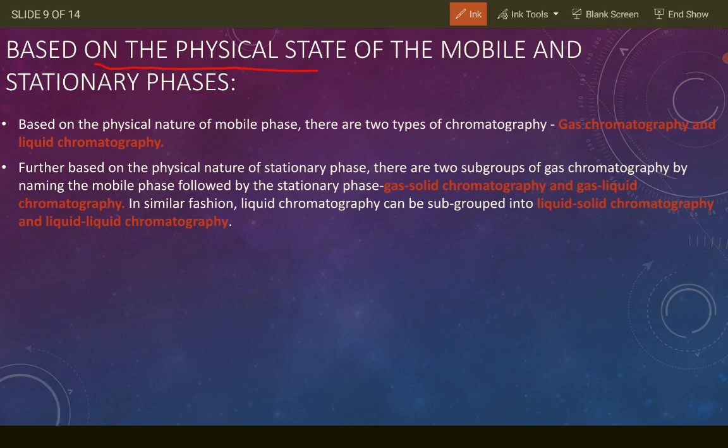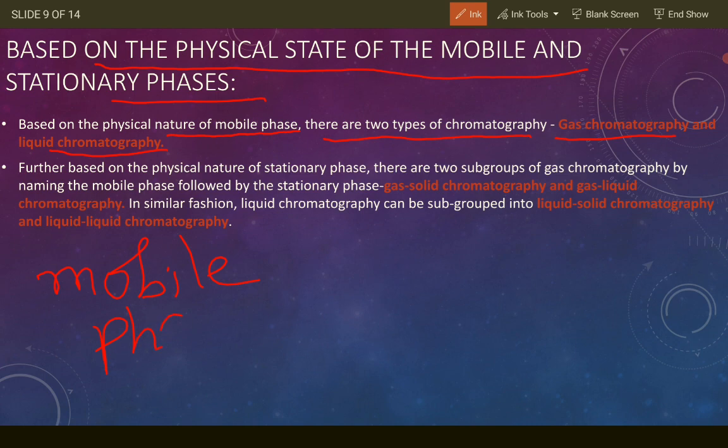Chromatography based on the physical state of the mobile and stationary phases. Based on the physical nature of the mobile phase, there are two types of chromatography: gas chromatography and liquid chromatography. The chromatographic name is always given based on the mobile phase. If the mobile phase is gas, then it's gas chromatography.